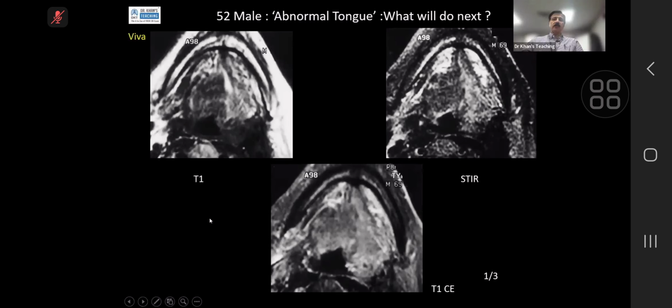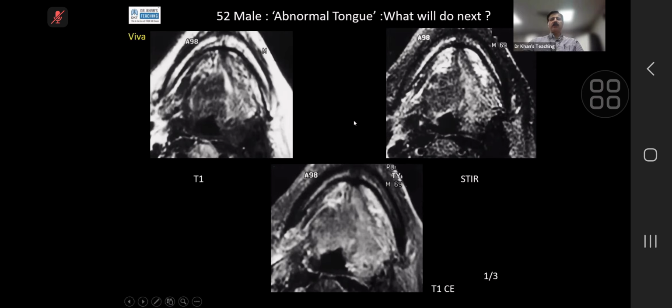I'll talk you through the case once I give you a bit of theory behind it. The 12th nerve supplies the intrinsic muscles as well as the extrinsic muscles of the tongue. Now, if a patient presents to you with atrophy of the tongue, the first thing is that you will tell the examiner that you want to scan the whole neck up to the base of the skull.